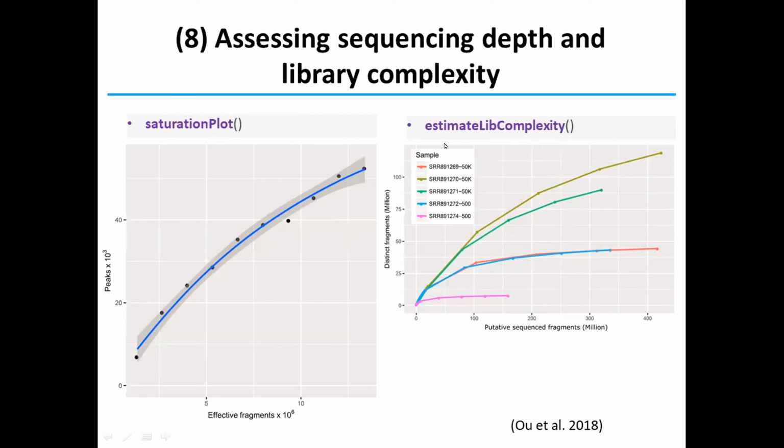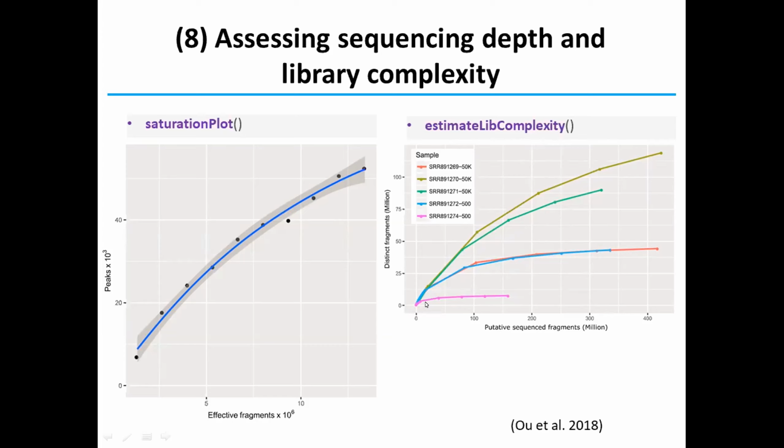So we can use the estimate library complexity function in the package to estimate the library quality, library complexity. Showing here on the right is the library complexity for different biological replicates. For this one, the purple line showing ATAC-seq assay with 500 cells, which has a pretty poor library complexity.